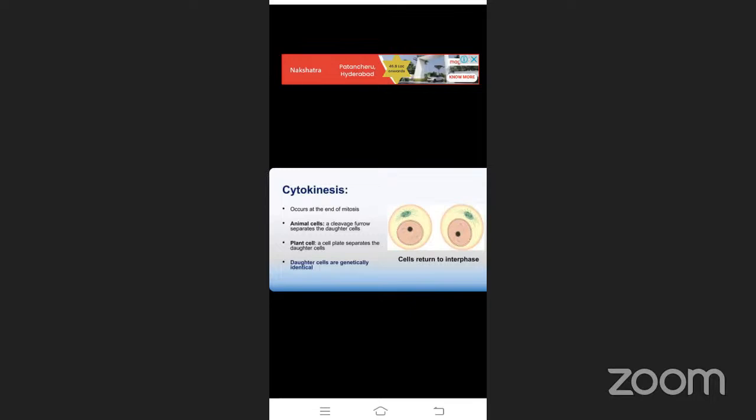Mitosis helps in replacing old damaged cells with new cells. In unicellular organisms, mitosis helps in reproduction.